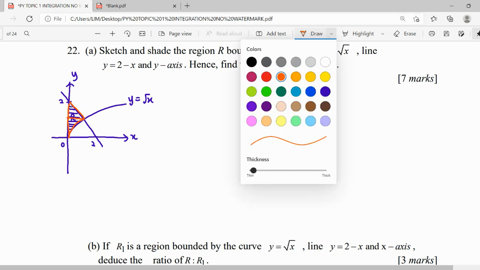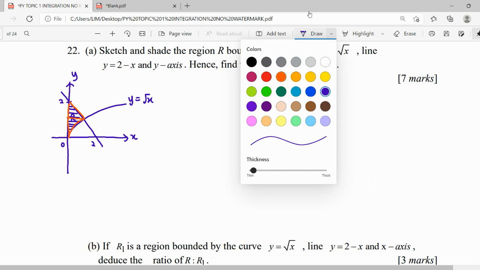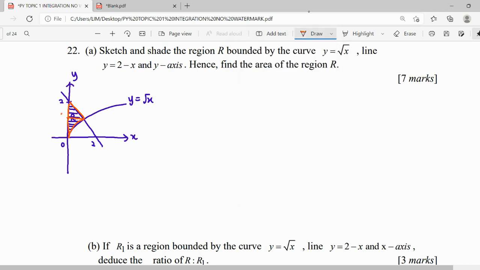So we build out the formula for this area. Before we build the formula, we have to know what our intersection point is. That will be very important. What is this point? Because that will be our stopping number, where this part is one part and the part up here is another part.